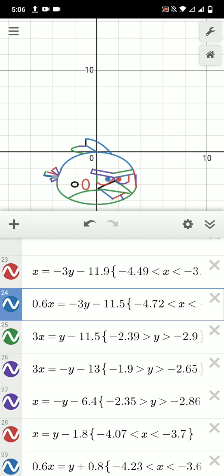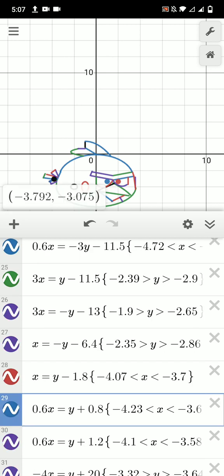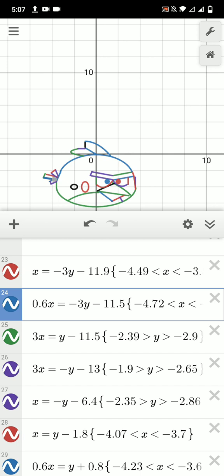Next is this part here, connected with this function, connected with this one, connected with this function. So let's move on.